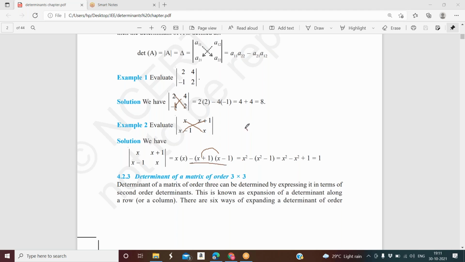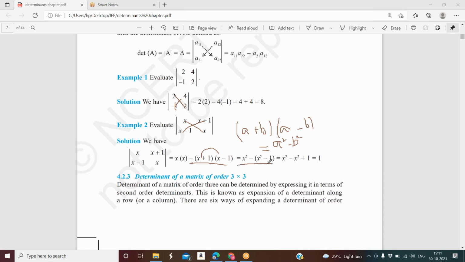What is the formula? a plus b into a minus b is a square minus b square. So here I will get x square minus 1.